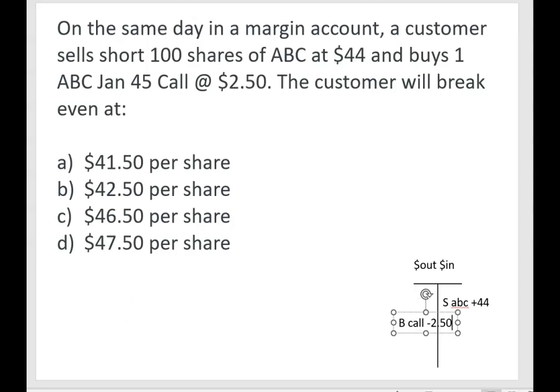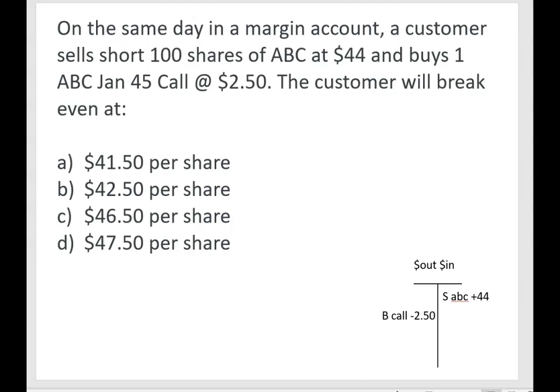All right, so at this point, where does our investor stand? What's his cash position now? If 44 came in and $2.50 went out, at this moment he's up by $41.50. So now that he sold the stock short, eventually he's going to buy the stock back again later.